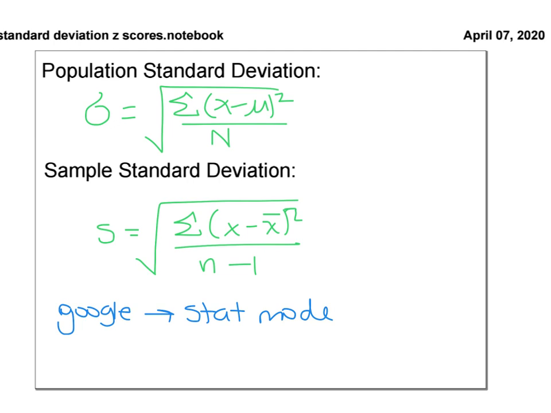So I would Google stat mode on Casio FX-300MS, and you'll find probably either a user manual or a YouTube video where someone shows you how to do it, but there should be some way there that you can learn how to type in all of your values and find the standard deviation. So you may want to pause this video now and go and do that and try and find that, and then you can try the examples doing it, or you can watch the rest and always go back.